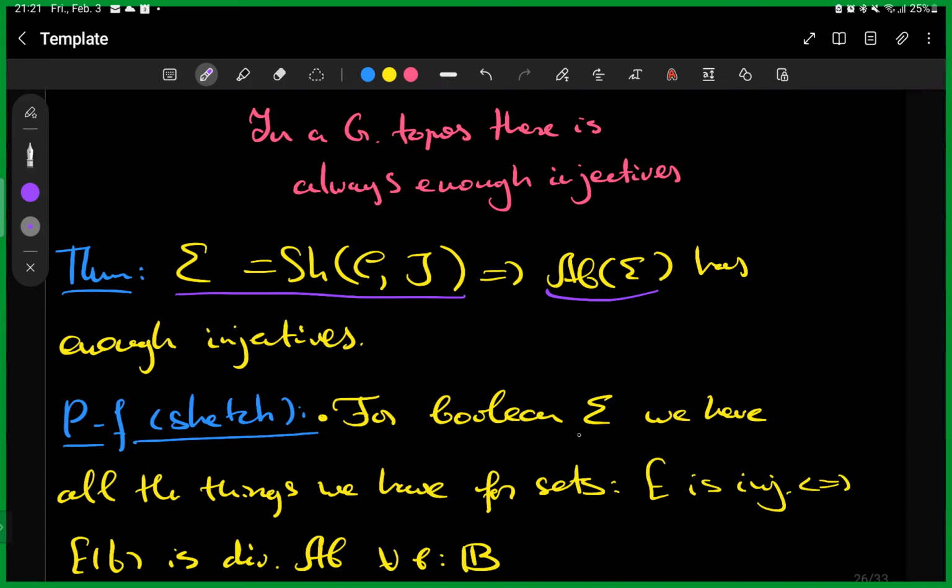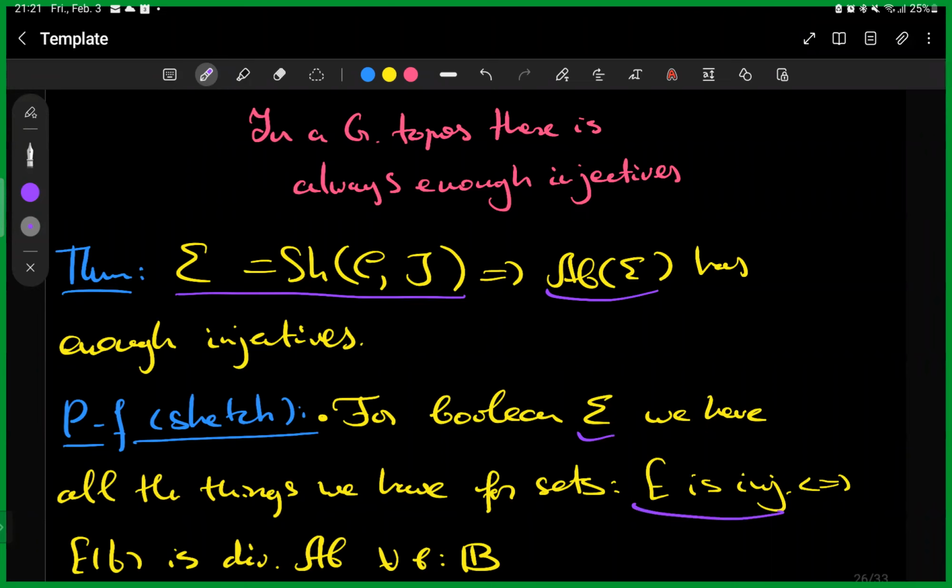So assume that E is Boolean, then we can do pretty much the same thing we do for sets. So we have an equivalence. An object is injective if and only if its value on each object in this Boolean algebra B is a divisible abelian group.